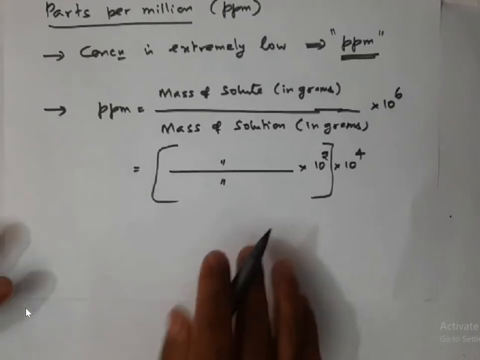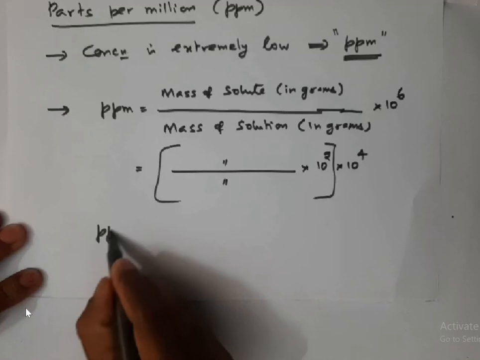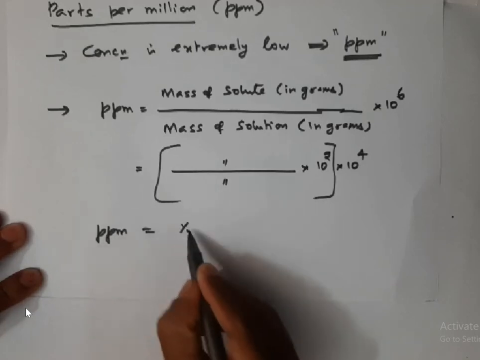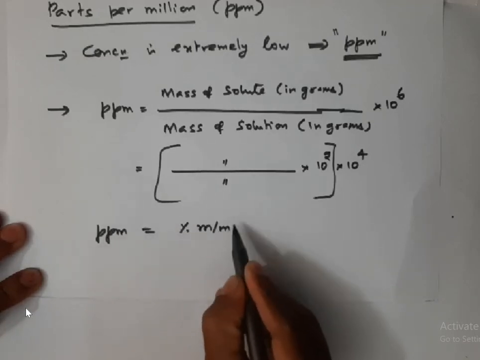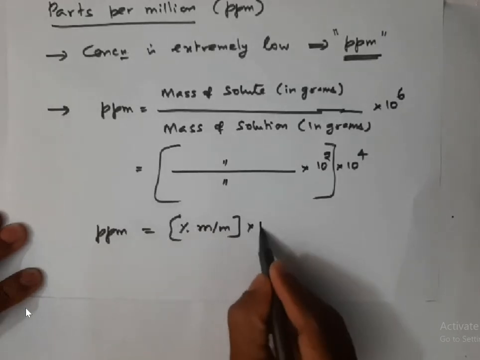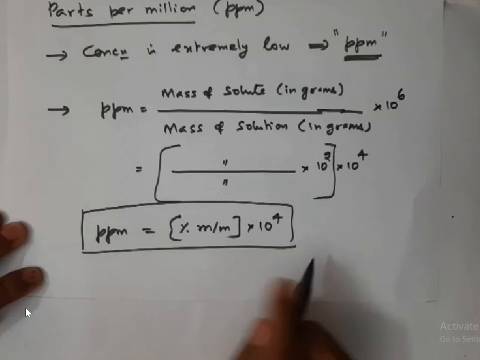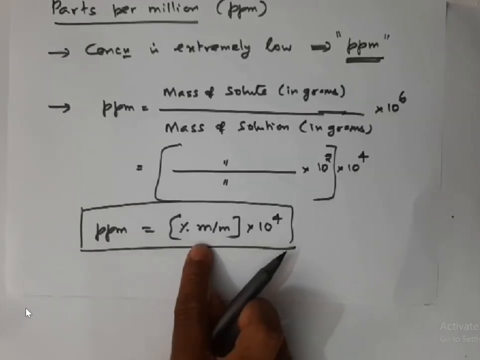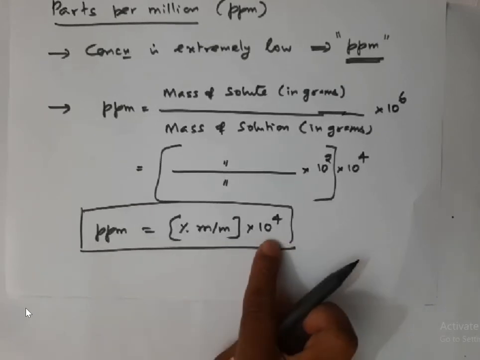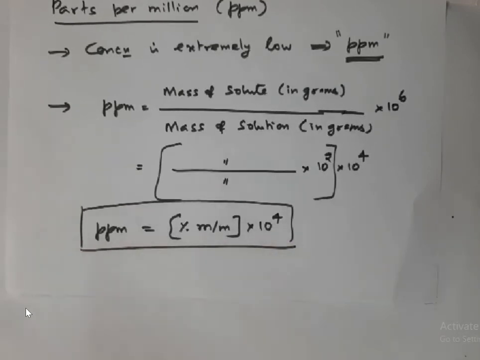Mass percent. Very good. So parts per million is nothing but percentage mass by mass into 10 power 4. If percentage mass by mass is given for a solution, just multiply it by 10 power 4, you will get parts per million.